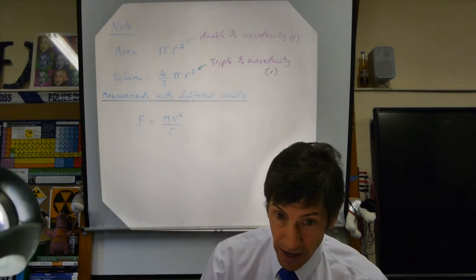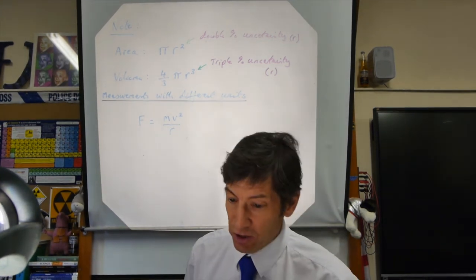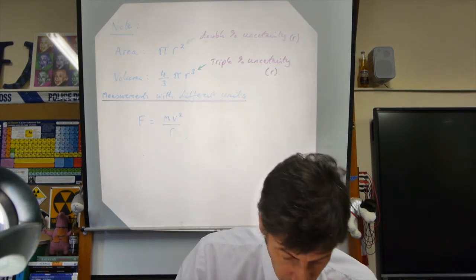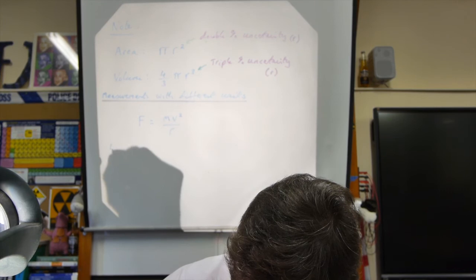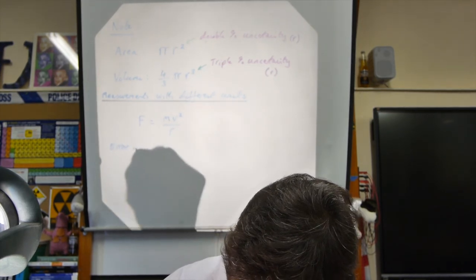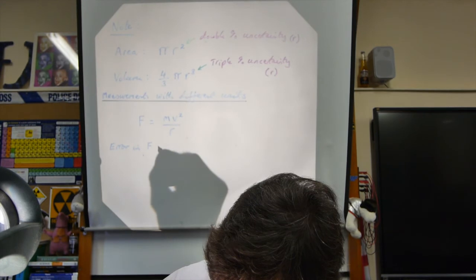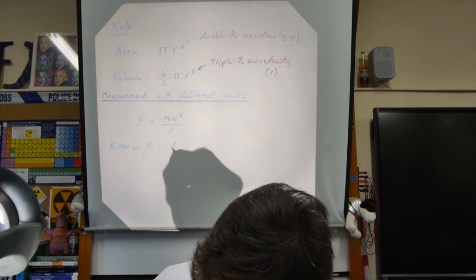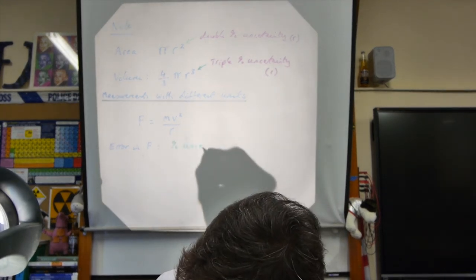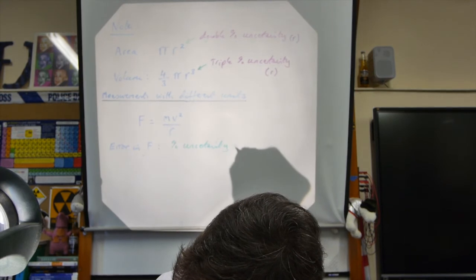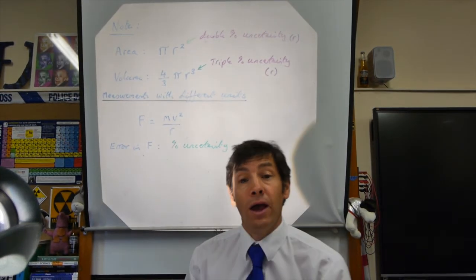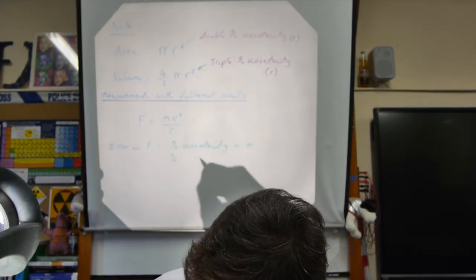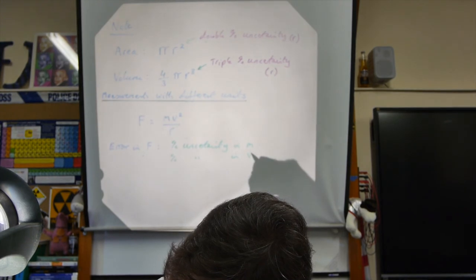So this is quite a tricky one, and again, I think you probably guess what you do here. To work out the error in F, or the uncertainty in F, you're going to work out the percentage uncertainty in M. You're then going to work out the percentage uncertainty in V, the velocity.